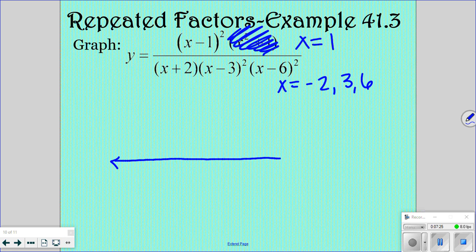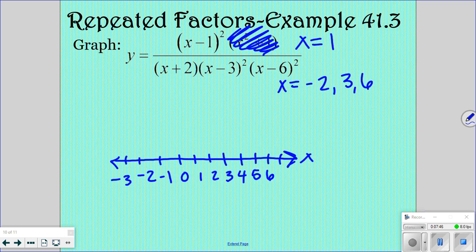So we're going to go graph. This is our x-axis. We're going to start at -3. Okay.